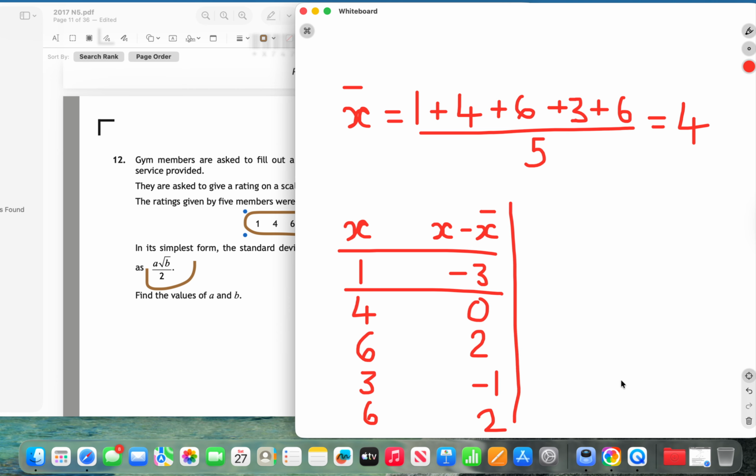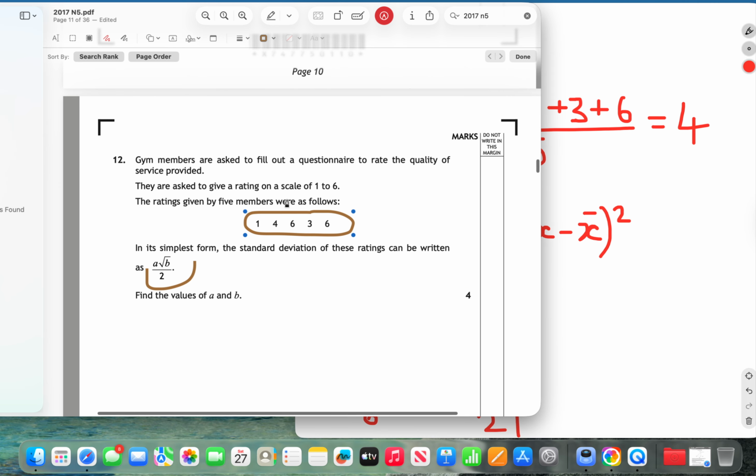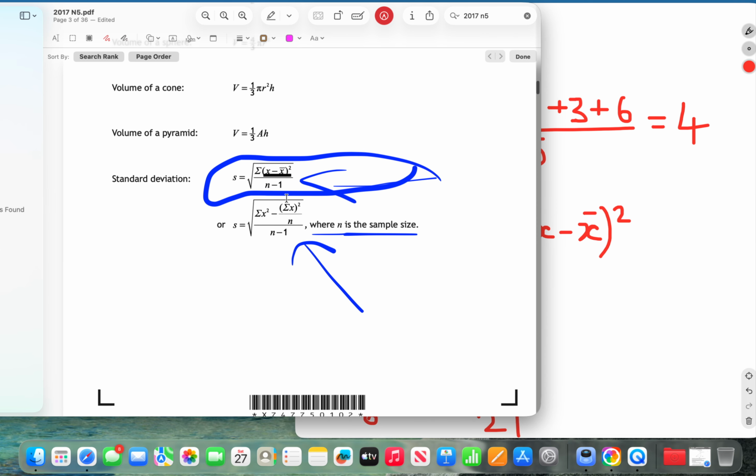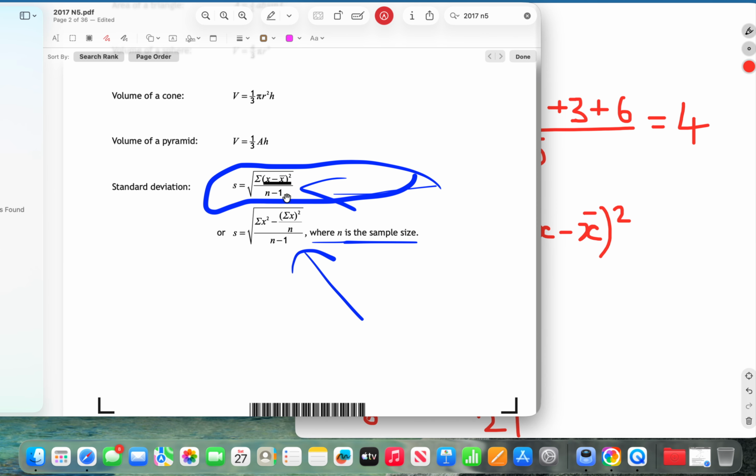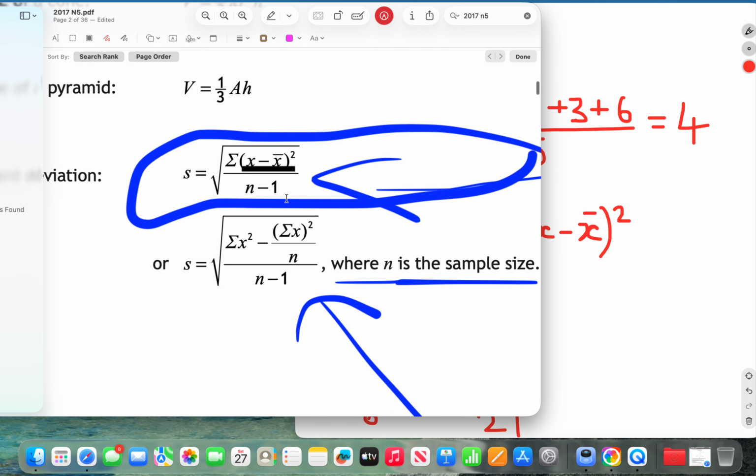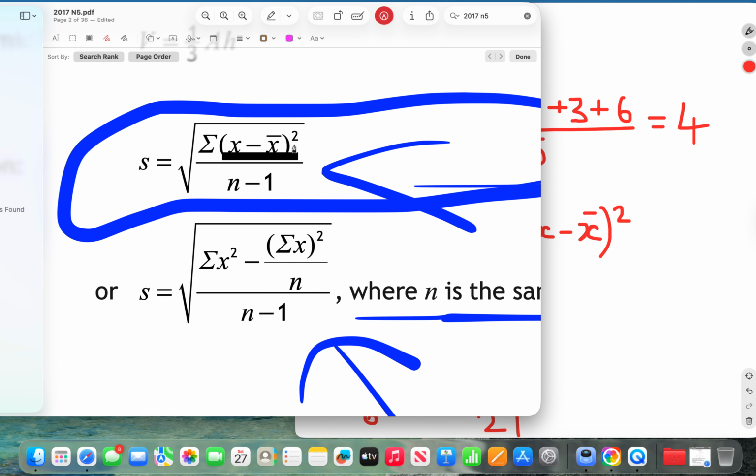And you want to square each of these. And if you think to yourself, why am I doing that? Well, you get access to the formula to find the standard deviation, and this is it. So we have to find the sum of the x minus x bar squareds.